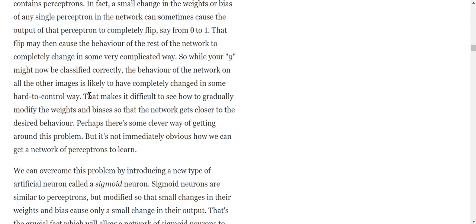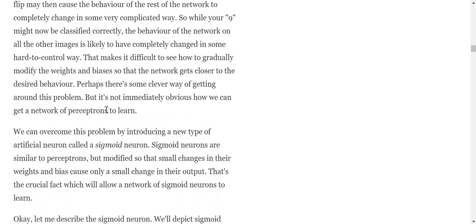So it might be that the 8 is now recognized as a 9, but the 7 is now a 5, the 2 is now an 8, and so on. That makes it difficult to see how to gradually modify the weights and biases so that the network gets closer to the desired behavior. Perhaps there's some clever way of getting around this problem, but it's not immediately obvious how we can get a network of perceptrons to learn.